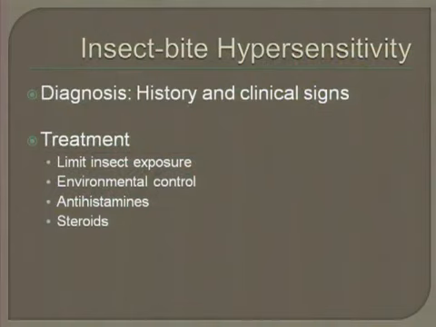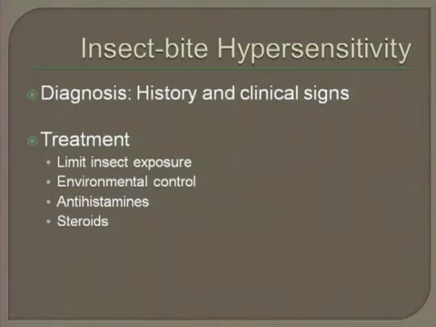So the diagnosis for insect bite hypersensitivity is mainly on history and physical exam. Blood allergy testing and intradermal allergy testing are of very limited utility for diagnosing insect bite hypersensitivity. And the goals of treatment are, of course, to try to limit the access that the horse has to the flies.